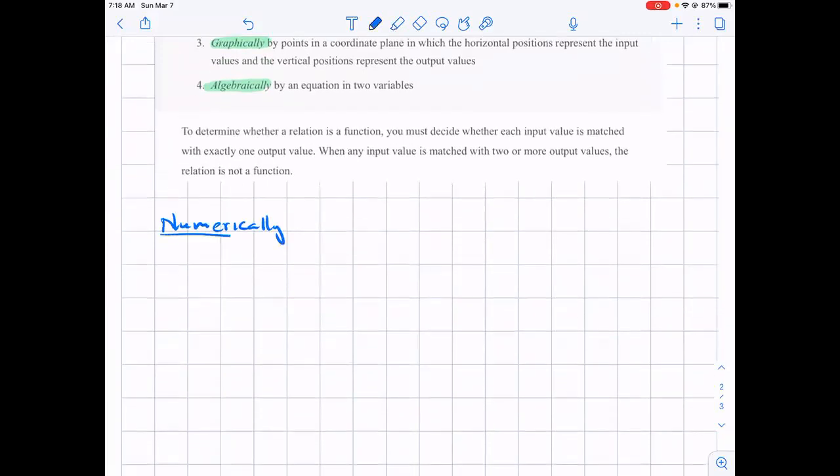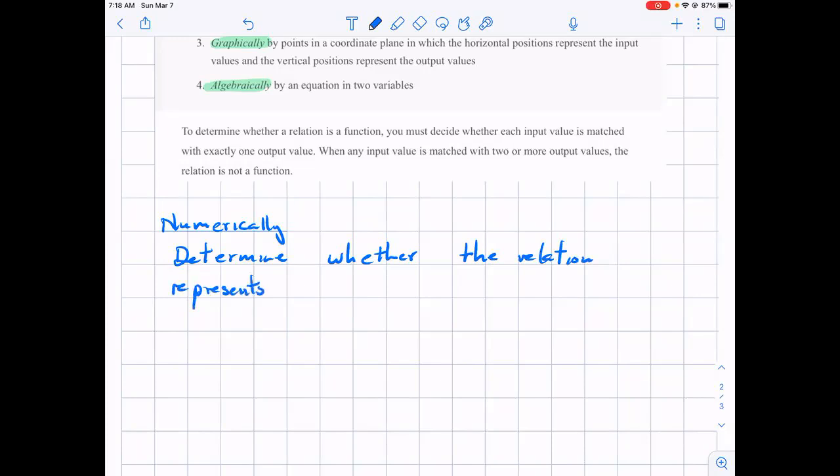And the idea here is to determine whether the relationship or relation represents y as a function of x.